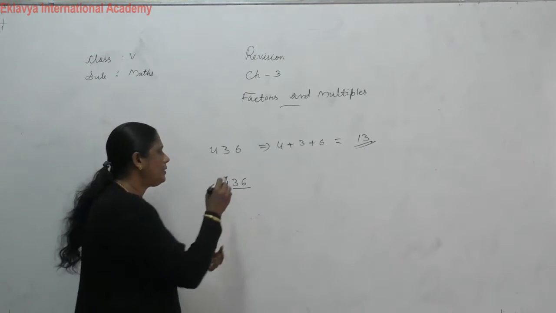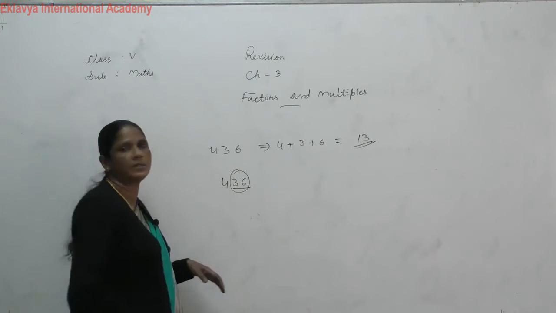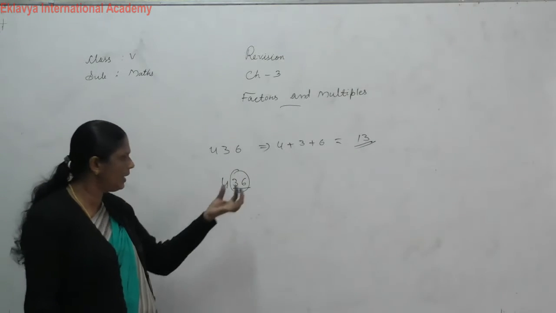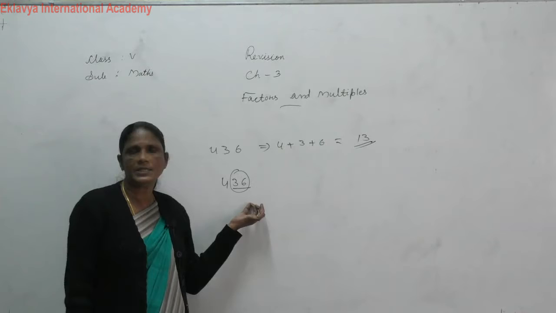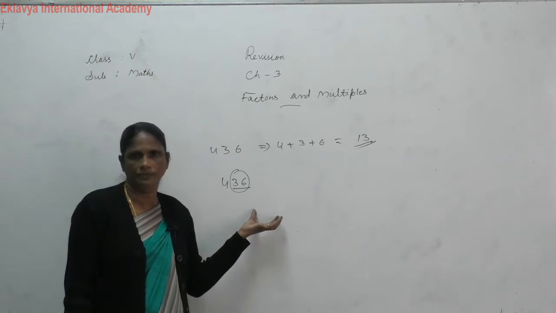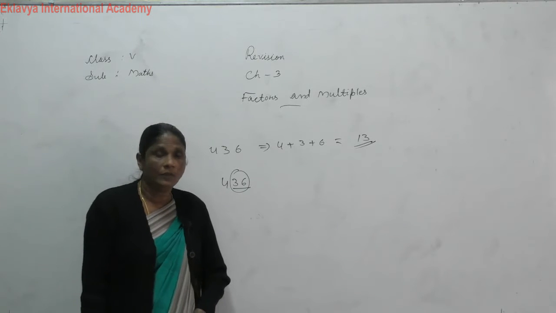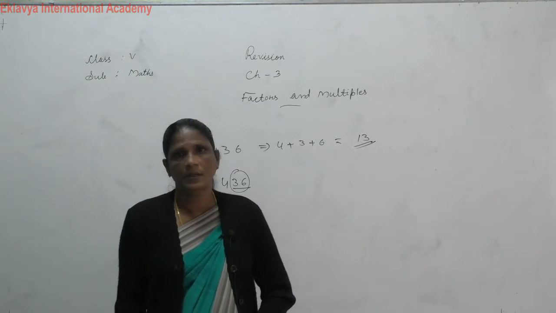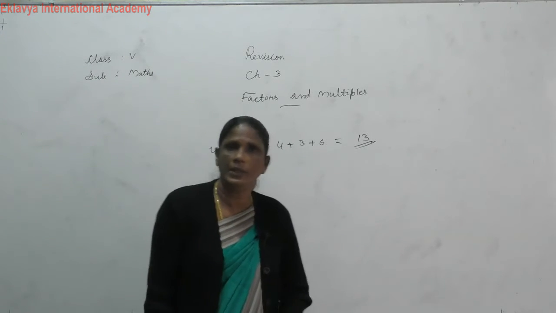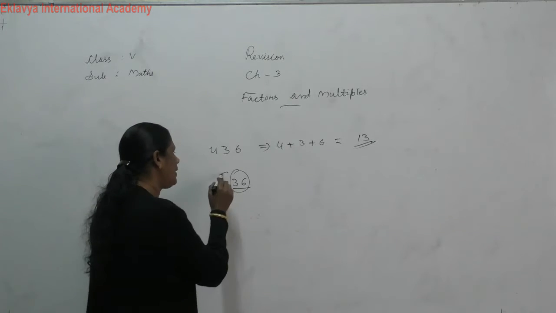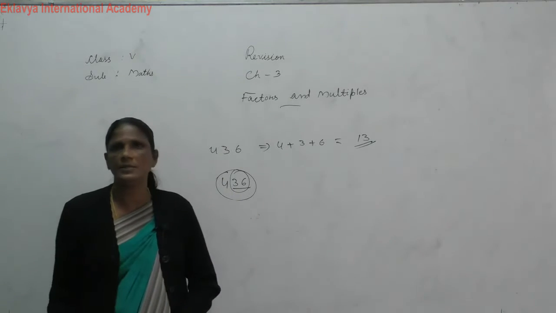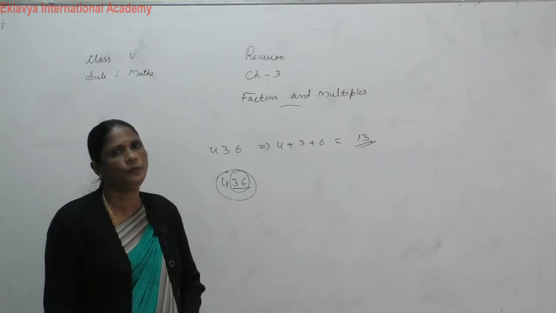Here the last 2 digits are 36. Is 36 a multiple of 4? Yes. How many times? 9 times. Therefore, 436 is divisible by 4.